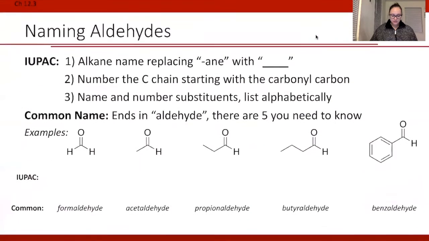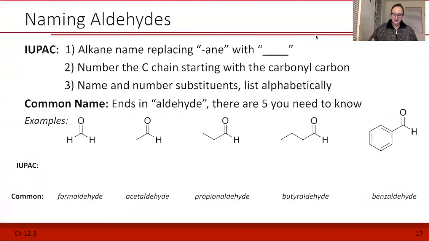So let's go ahead and start naming some aldehydes. I noticed I have a little bit of a typo here, so in your notes, make sure it says to take the alkane name and replace just the E at the end, not A-N-E, with A-L.